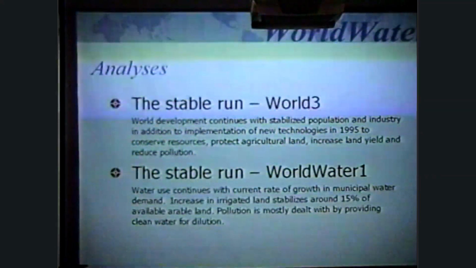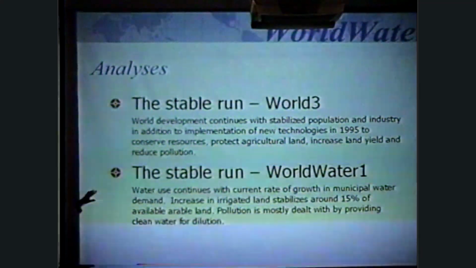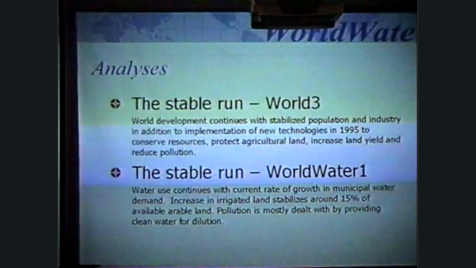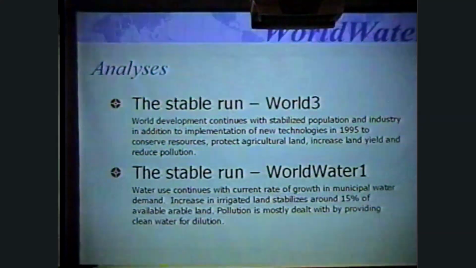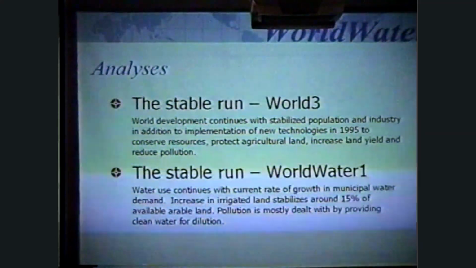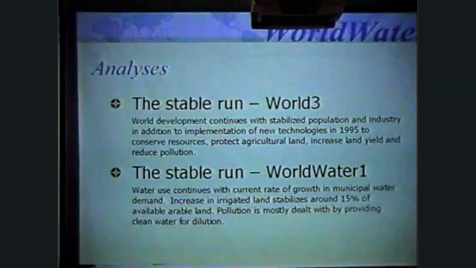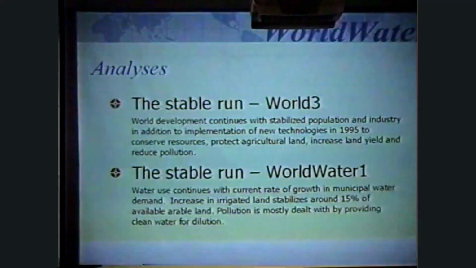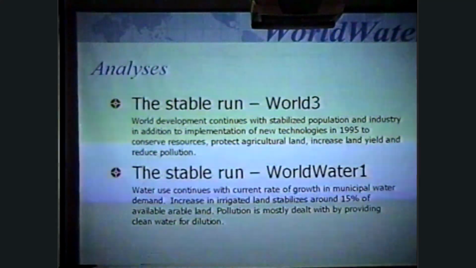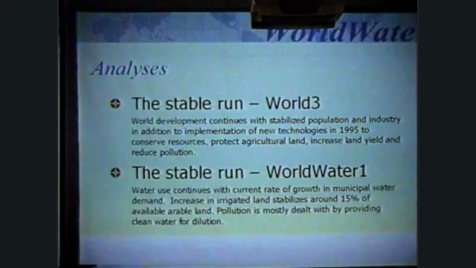What I have selected for the comparison and making my point was only one run, the run they called in the book the stable or sustainable run. And this particular run is characterized by what you see here. The development continues with stabilized population and industry, in addition to implementation of new technologies to conserve resources, protect the land, increase land yield, and reduce the pollution.